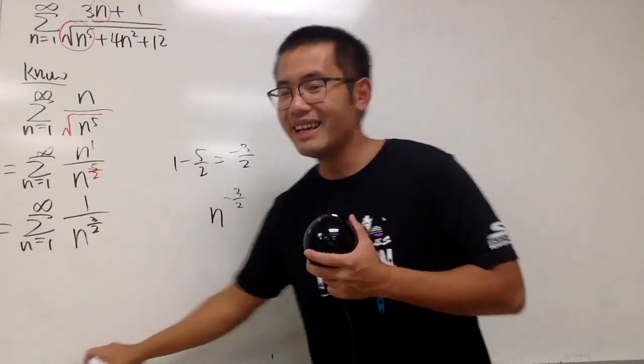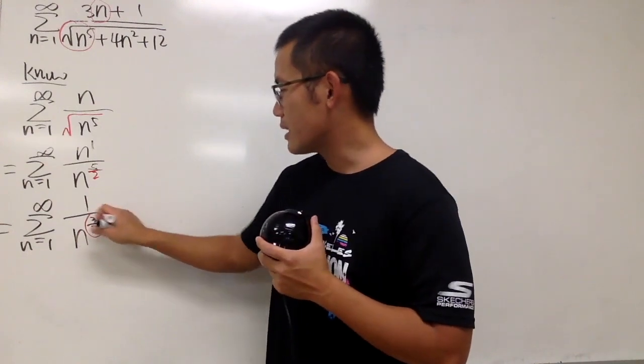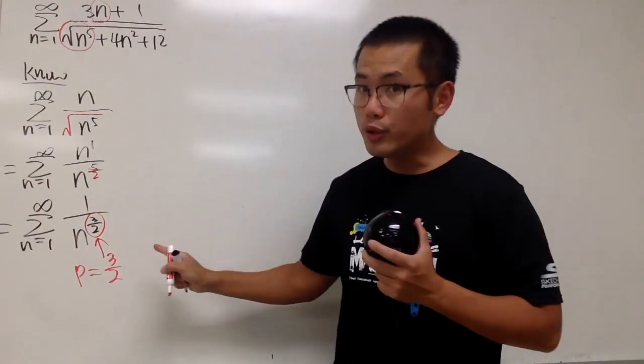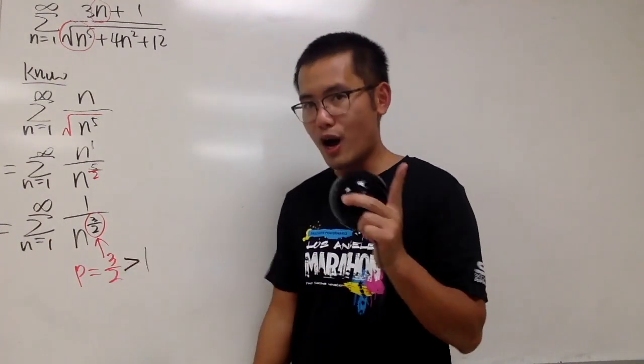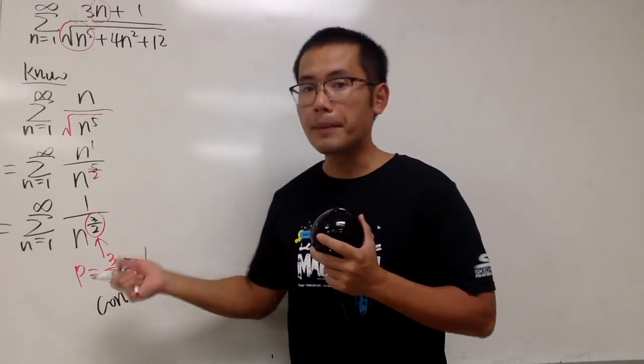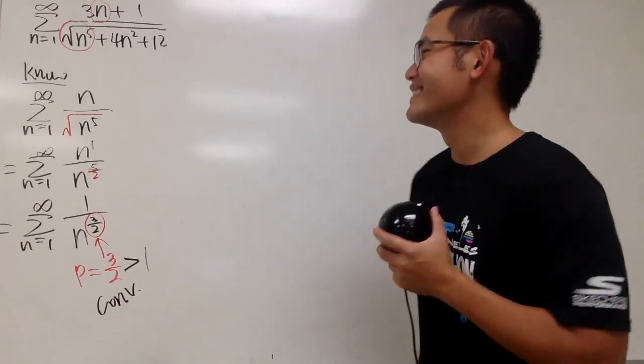Once we have this, look at the power here. Now p is equal to 3 over 2, which is greater than 1. That means this converges because we're using the p series. This is greater than 1, so it converges.